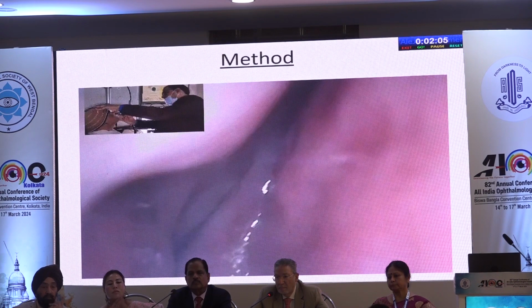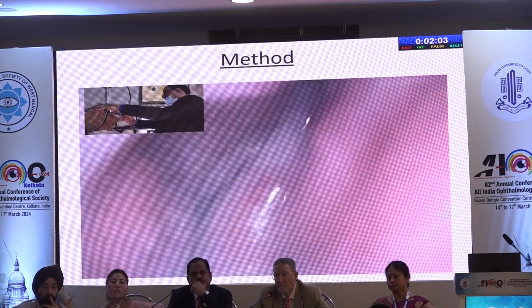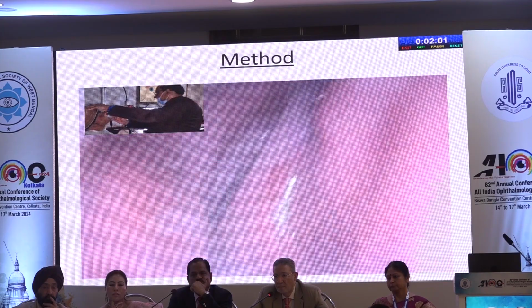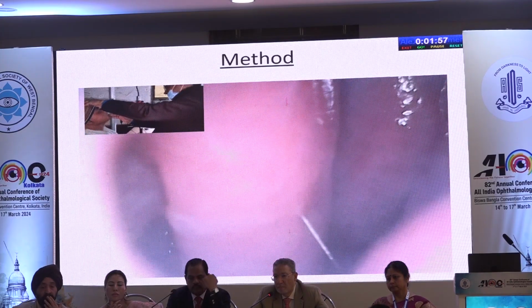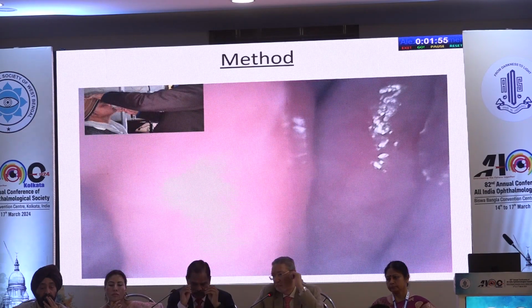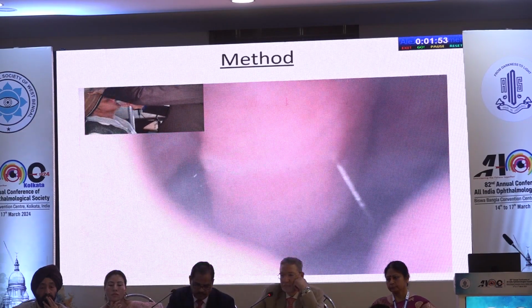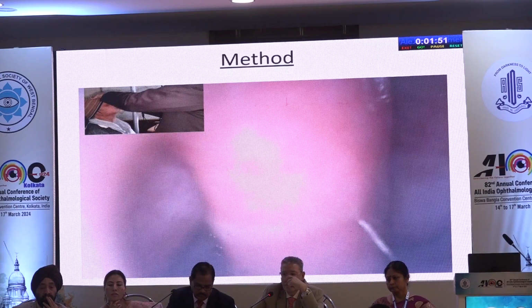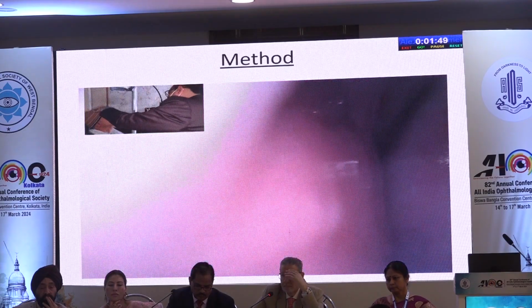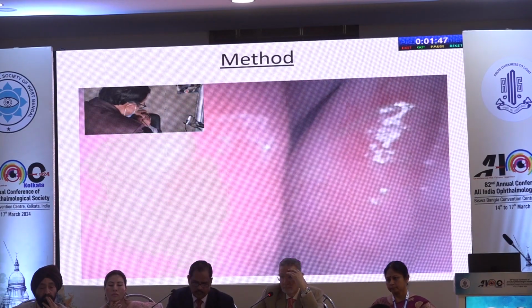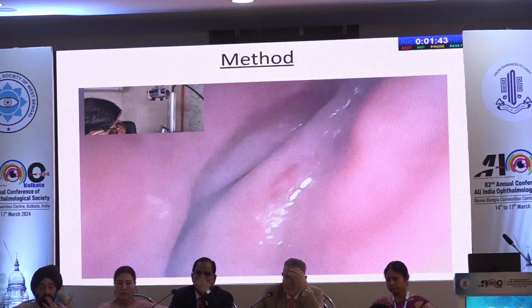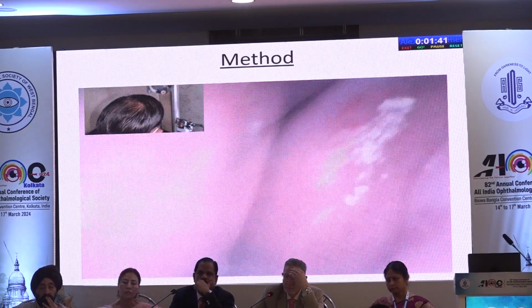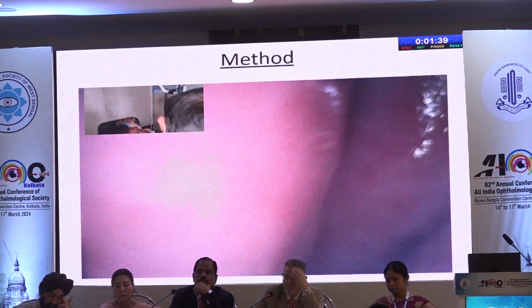This is a short video of how we are examining in the OPD. We are doing mobile endoscopy in our OPD. Prior to endoscopy, we put Xylocaine nasal spray and then do the endoscopy with the mobile endoscope. We put the mobile holder, attach the USB port to our mobile, and examine up to the middle turbinate.